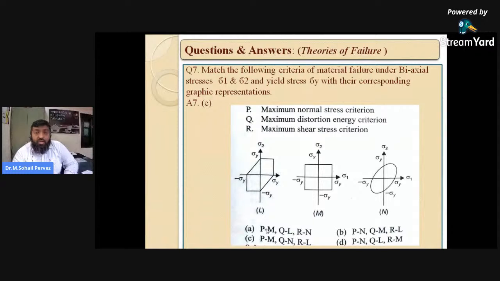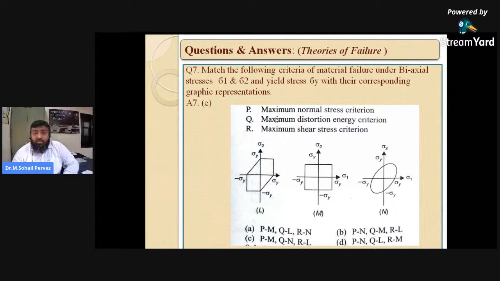Now I'm trying to explain the graphic representation of different theories of failure. Specifically, the maximum normal stress criteria, maximum distortion energy criteria, and maximum shear stress criteria. These 3 theories have to be represented with different graphics, so we have 3 different graphics and we have to match them.